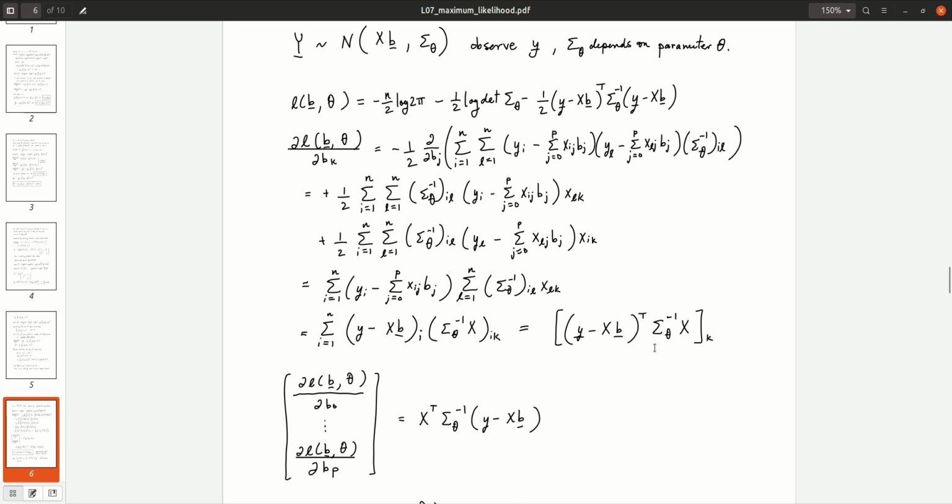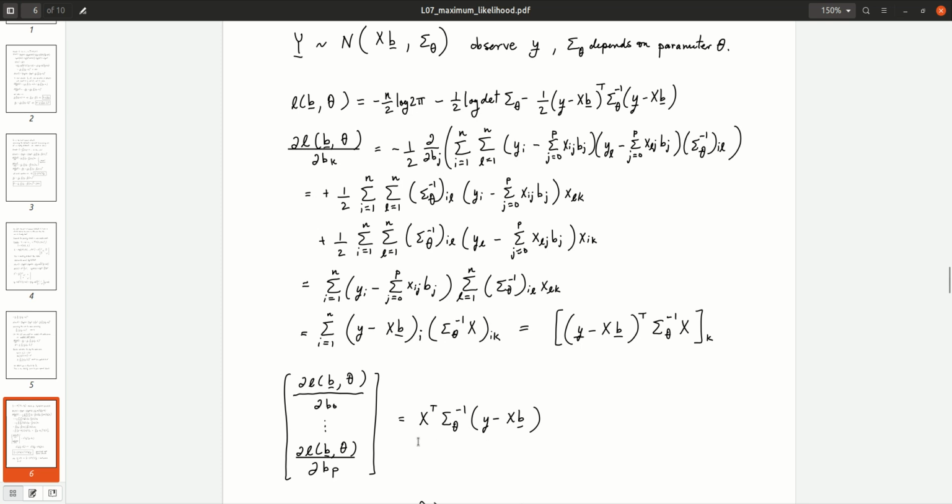So we can write out the whole thing. It's the dot product here, and we're just pulling out the kth column here. So this is going to be the kth entry of this 1 by p plus 1 vector. Now, that was for the partial derivative with respect to b sub k. If we take all of them, b sub 0 up to b sub p, and stack them in a vector, we can represent all of the partial derivatives in this matrix multiplication equation.